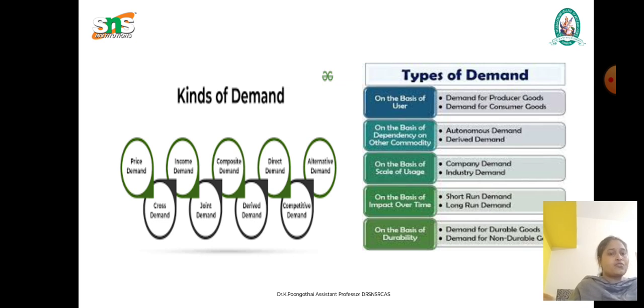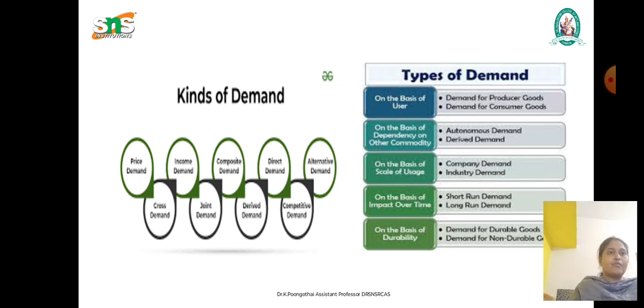On the basis of scale of usage, company demand and industry demand. On the basis of impact over the period of time, short term demand or long term demand. On the basis of durability, durable goods or non durable goods.